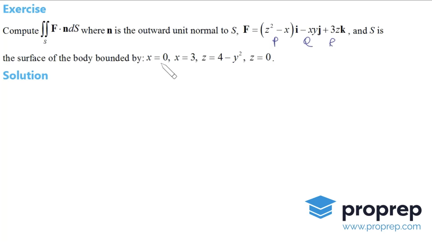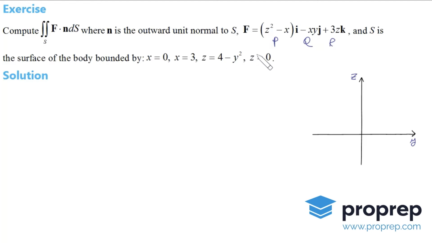The two planes x equals 0 and x equals 3, and then z. Well, this is a parabolic cylinder. You know what? I'll try and sketch this at least in 2 dimensions. If I look at these two equations, the last two in the yz plane, I've got two functions.